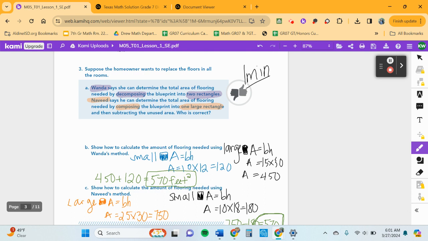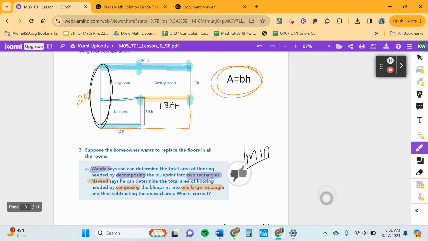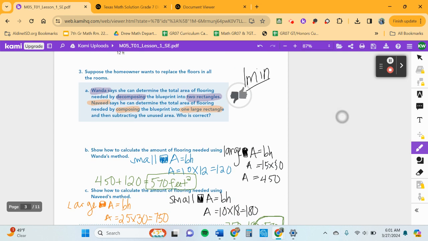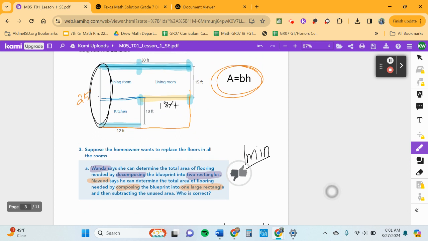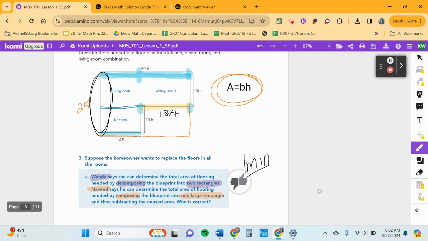All right. Then I found that the small area of my rectangle was 10 times 12, which gave me 120. And then the large rectangle, which was the dining room and the living room, I found was 450 because I multiplied 15 times 30. Now, question for you.